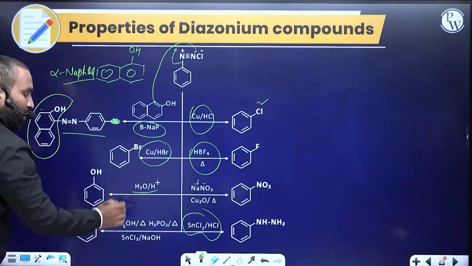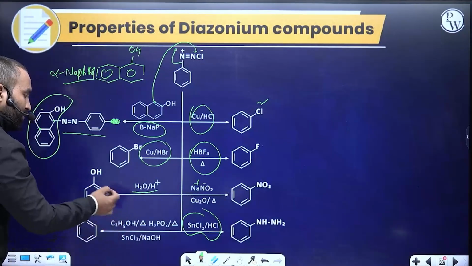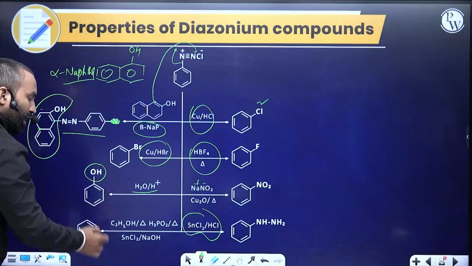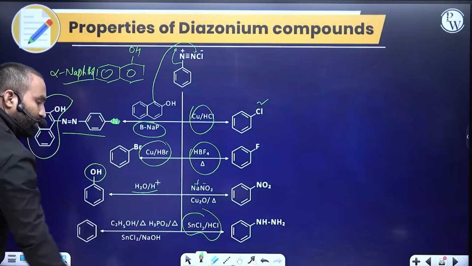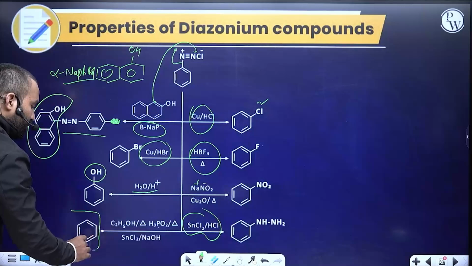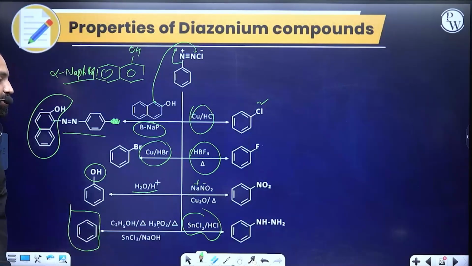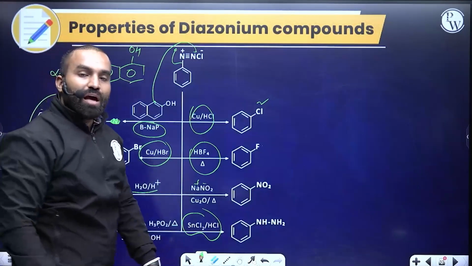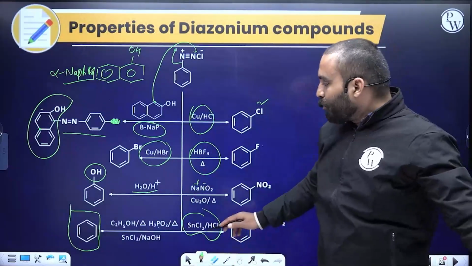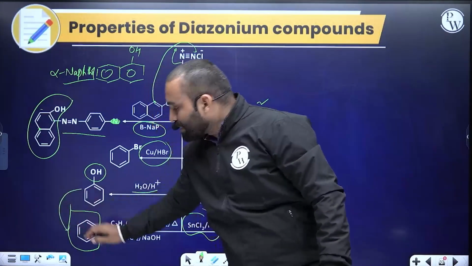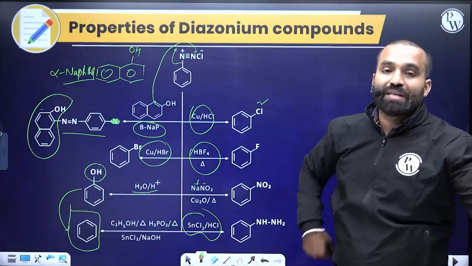Reacting with water will form OH molecule, phenol. Reacting it with H3PO2 or ethanol or SnCl2 NaOH, they all are going to produce the very basic molecule, the father of all the aromatic molecules. That's benzene. Sir, from here to here, can we prepare benzene? Yes, that's just the use of zinc dust.